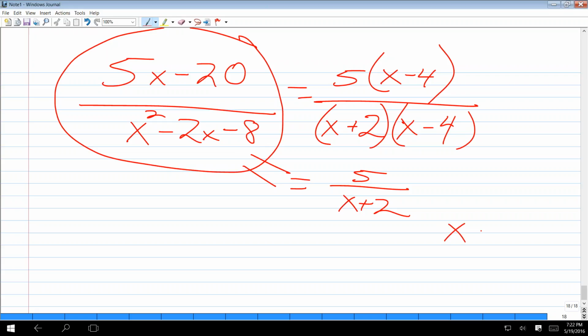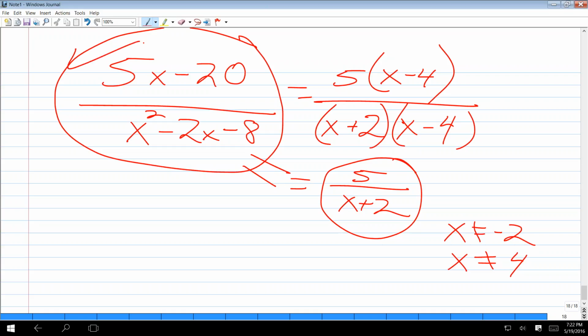In other words, x can still never be minus 2 and x can still never be 4, even though you wouldn't know it from looking at that. That's why I say it's not exactly the same as this. It simplifies to this, but the exact answer would be this with both of these domain restrictions.